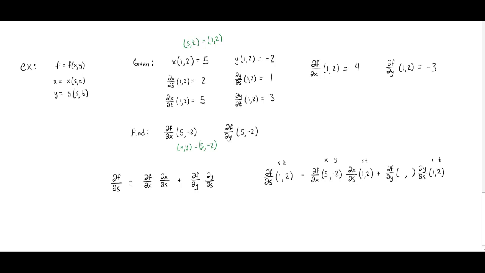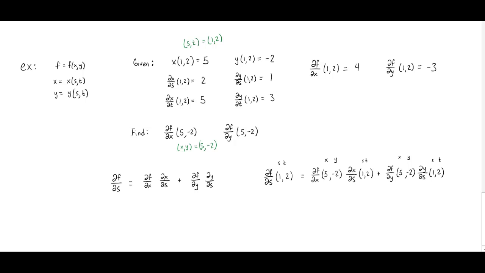And likewise here, for x and y, I need to plug in the point 5, negative 2, not the point 1, 2, because that's for s and t. All right, does that make sense to you guys? All right, so then we plug in the numbers that we were given.